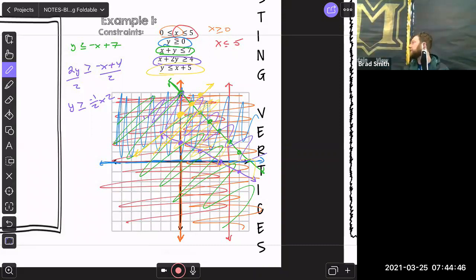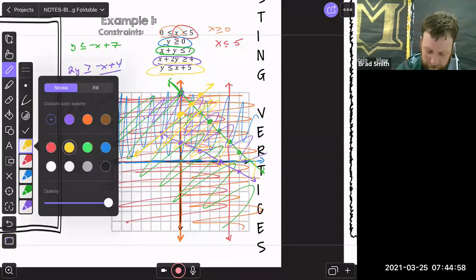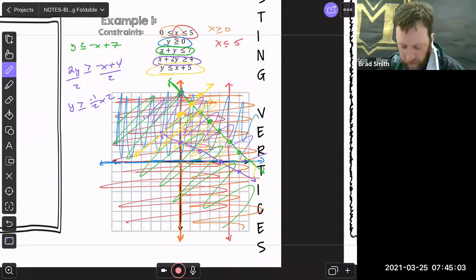So now we have to make sense of what I just drew. Usually I'm only going to do 3 or 4, not 6 or 7 or however many this is. Let's get rid of that ugly yellow and go to brown. I know that everything is in quadrant 1, so I'm going to find where they all intersect. I can go here to here.